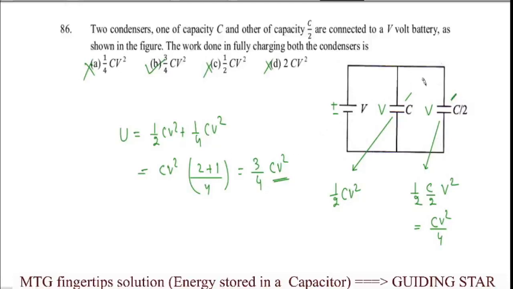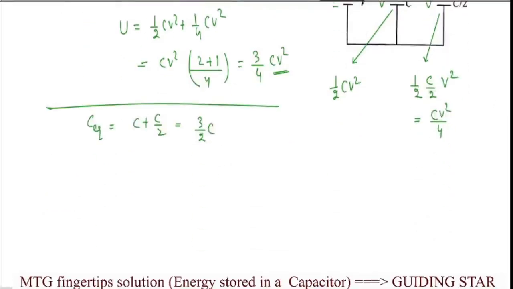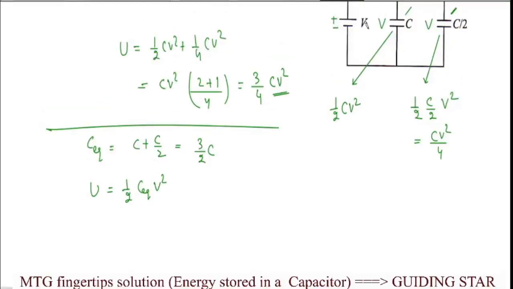Here also you can calculate the equivalent capacitance. There is another method where you can calculate the equivalent capacitance. Equivalent capacitance will be how much? C plus C by 2, as both are connected in parallel, so it will be 3 by 2 C. Clear? That means energy stored will be equal to half C equivalent V square, because the equivalent capacitance is 3 by 2 C, which is connected across the V volt supply.